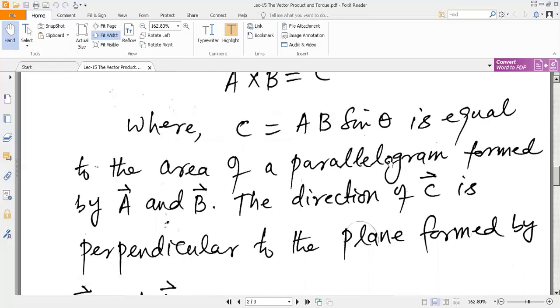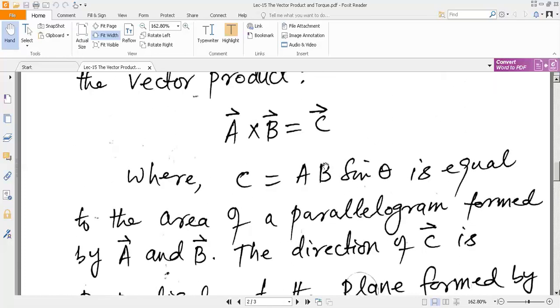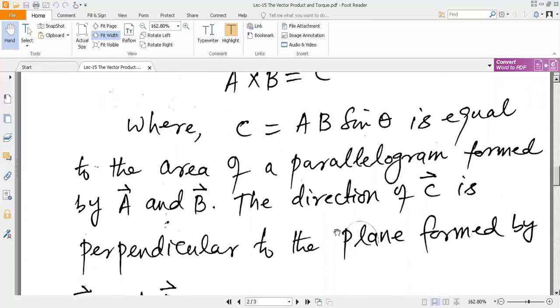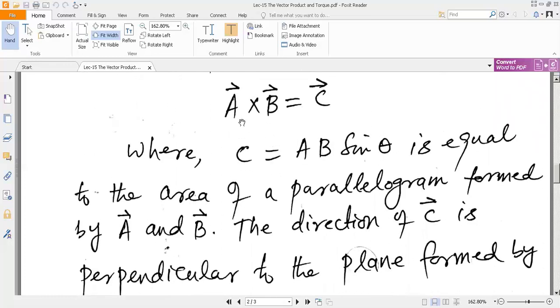So the area of the parallelogram is this AB sine theta, and the direction of this product vector C will always be perpendicular to the plane in which these two vectors A and B lie. At that plane, this third vector, which is the product vector, will always be found perpendicular.